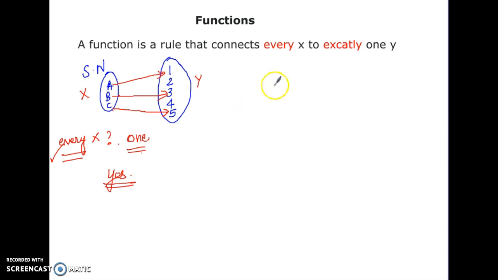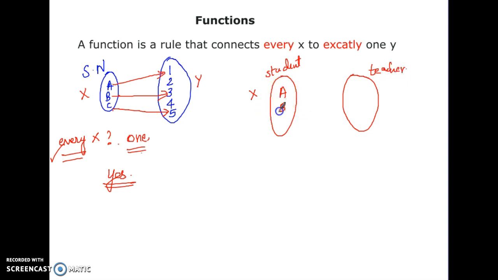Another example would be, I have students, again. Let students be my x and classes or courses on the side. So I have 3 students who are taking math.